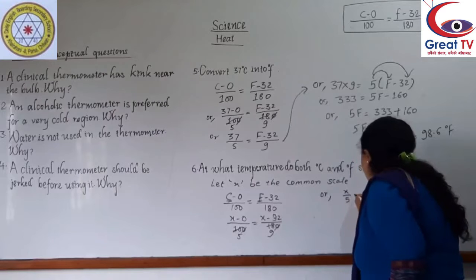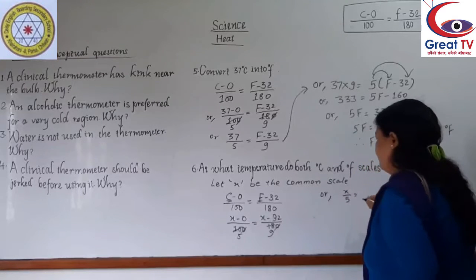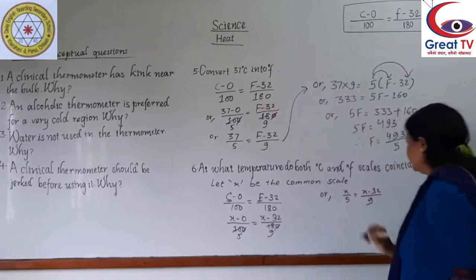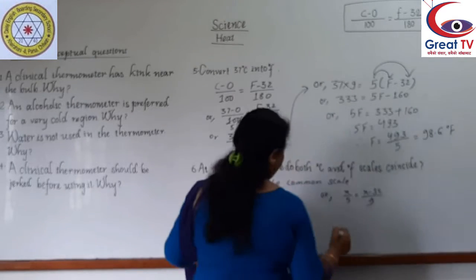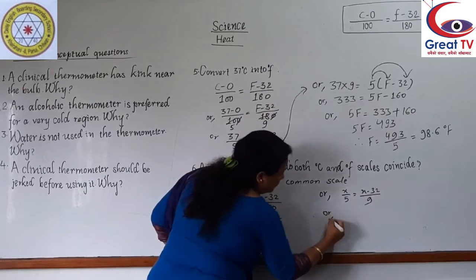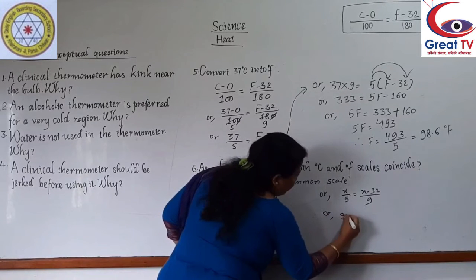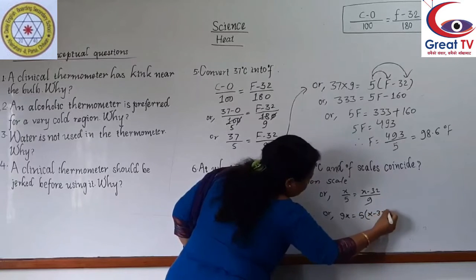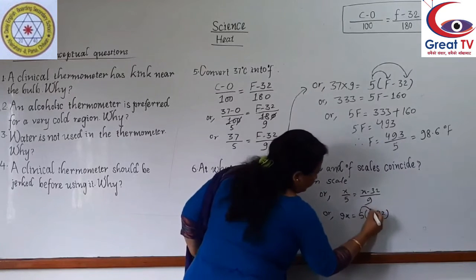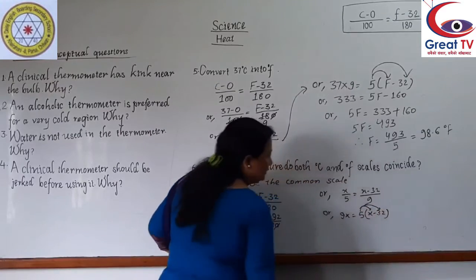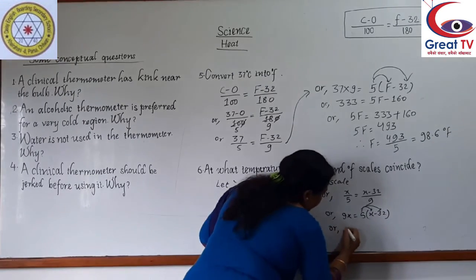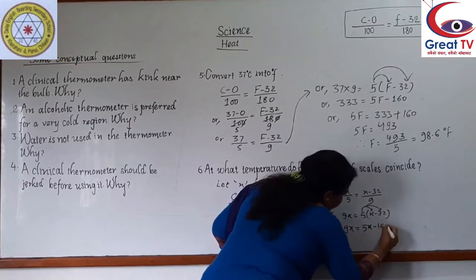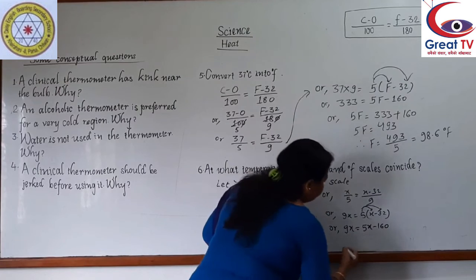x/5 is equal to (x minus 32)/9. Or 9x is equal to 5 into (x minus 32). Multiply 5 with both the terms. Or 9x is equal to 5x minus 160.